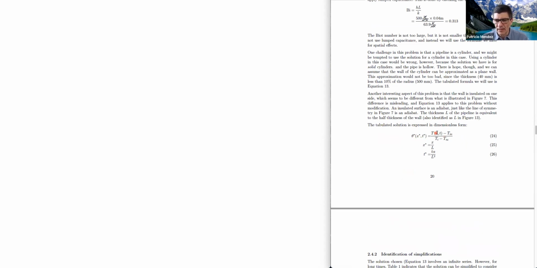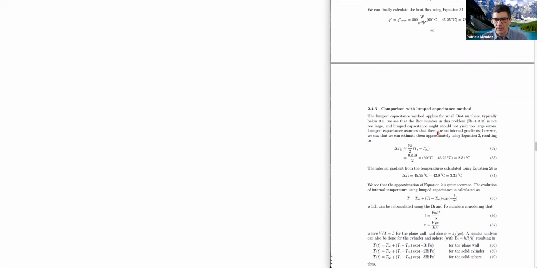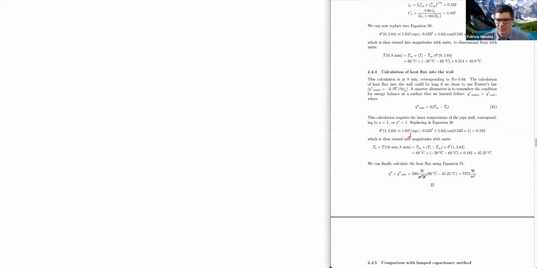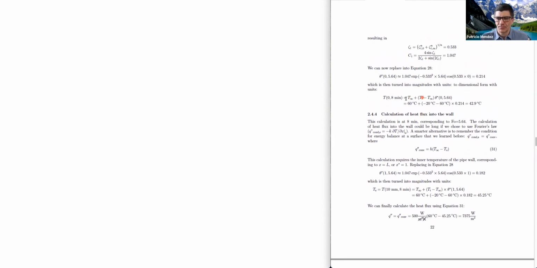So from this formula, I can solve for temperature. This is the initial temperature, and the temperature of the fluid here. So I'm going to solve for T of x, t. And we have it here. So we have T infinity plus all these terms, and it's theta of 0, 5.64.